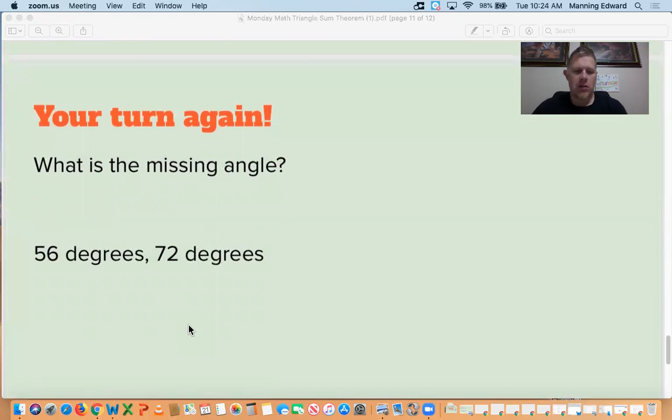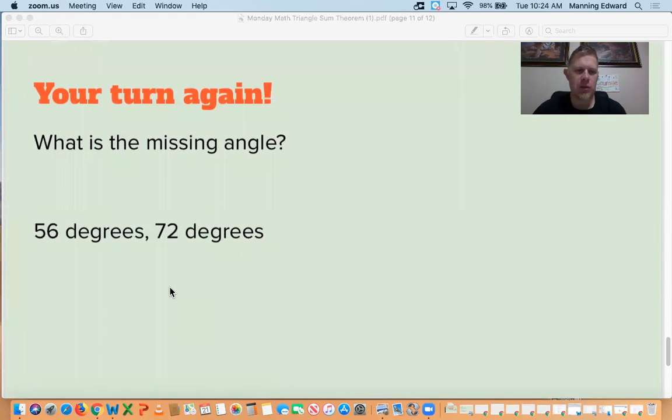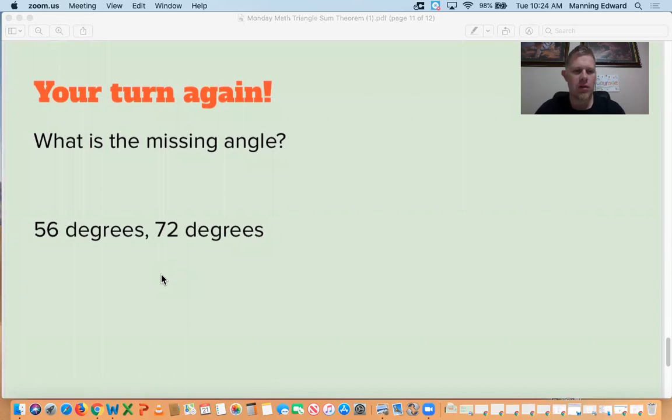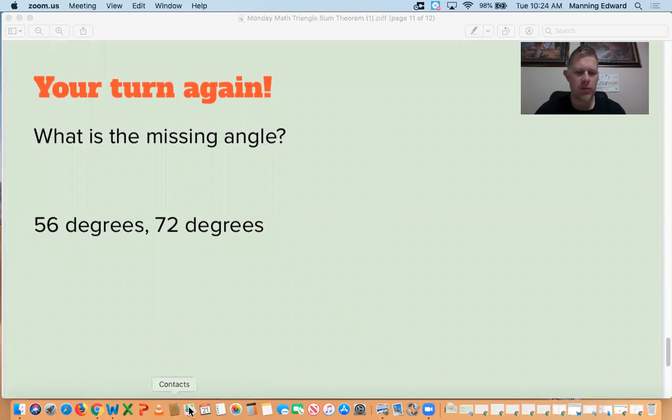So what's the missing angle? All right, well, this one you can't really do too much in your head. You kind of got to use a calculator for that part. So I'm just going to take 180 and subtract 52. Well, I can do 180 minus 72, and that would be 108.